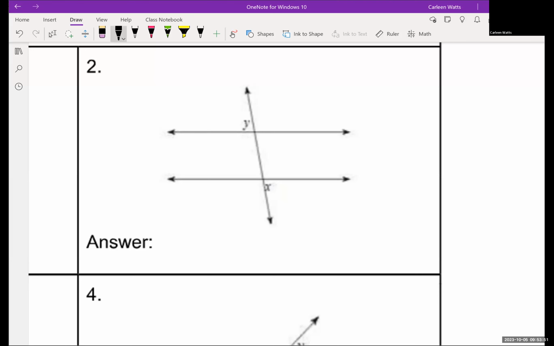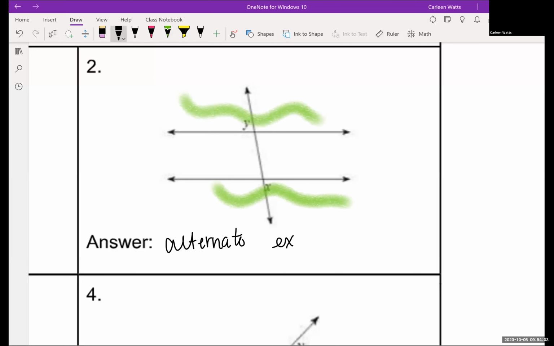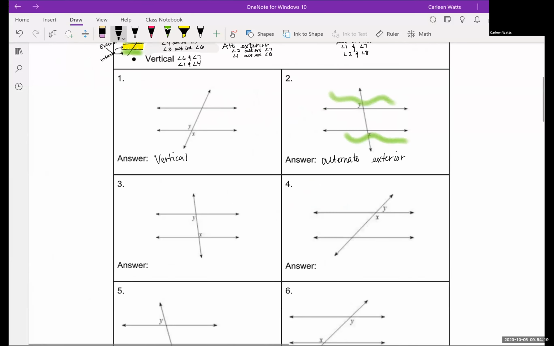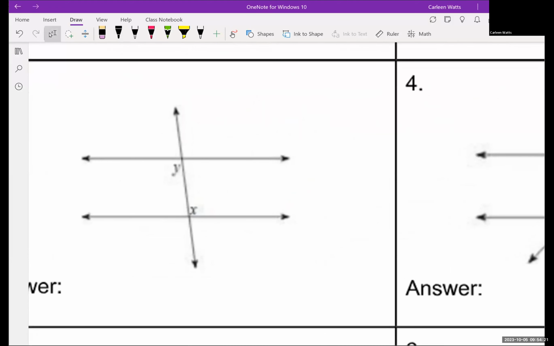All right. So we notice here's some grass. They're not on the same side. One's on the left, one's on the right. So this is alternate exterior, X and Y. Okay, number 3. 2 words.